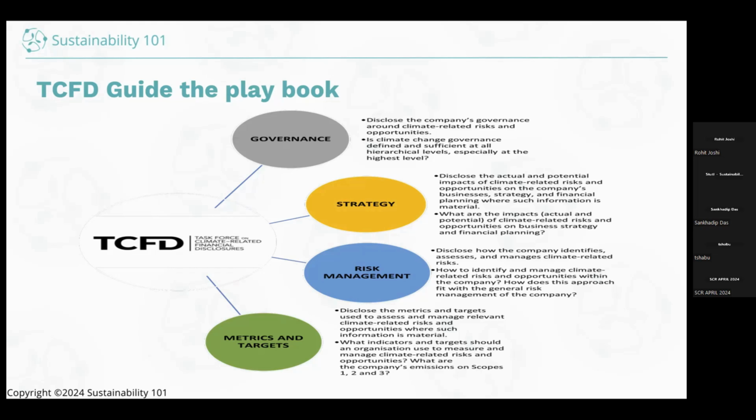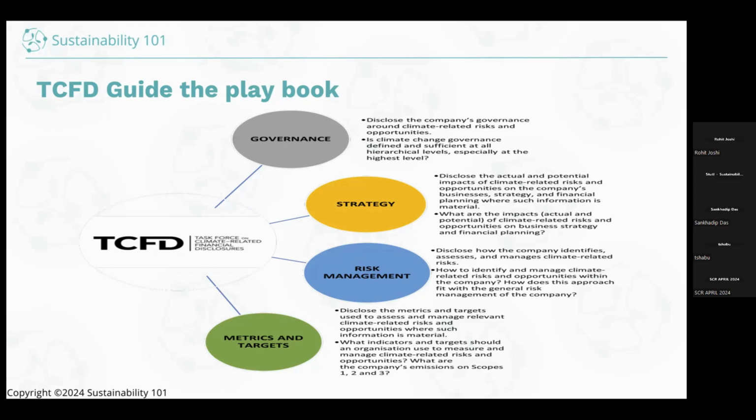So they might have one scenario like this. The second scenario is they will only sell EVs. So how the business strategy is going to change, what they are going to do with their engines and platforms or technologies and the R&D spend which they have done, how they are going to build the new capex and all of those. So under the strategy pillar, the reference of the scenario analysis requirement comes.